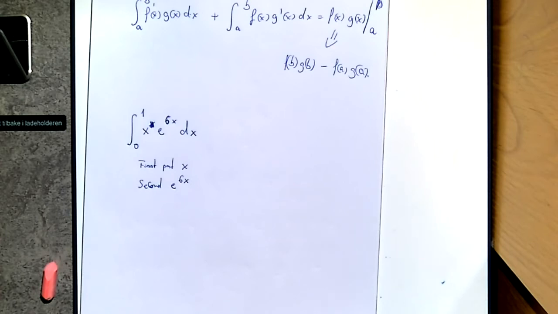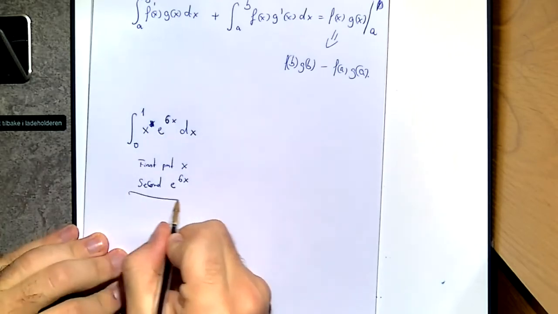Now, remember, exponents are a great choice for this because they never go away. No matter how many times you take the derivative of it, it doesn't change. So exponents are a great choice for by parts, for computing the primitive. That's why I'm going to choose this one.